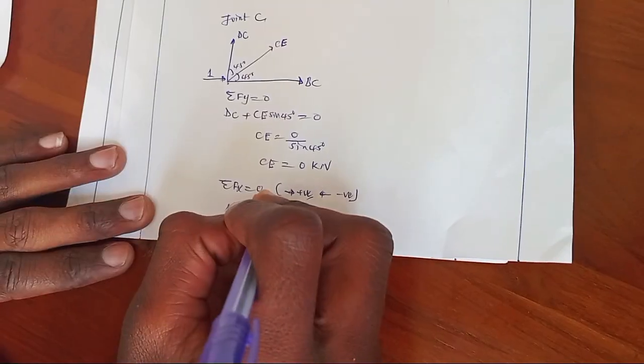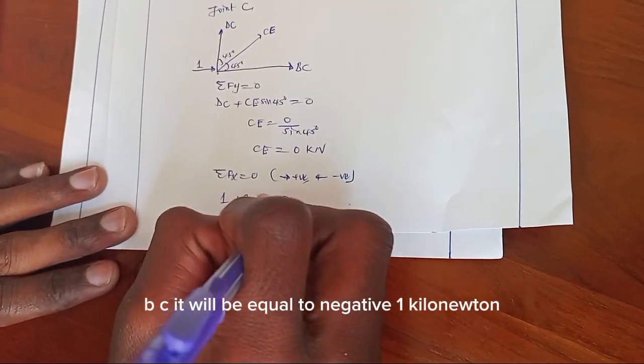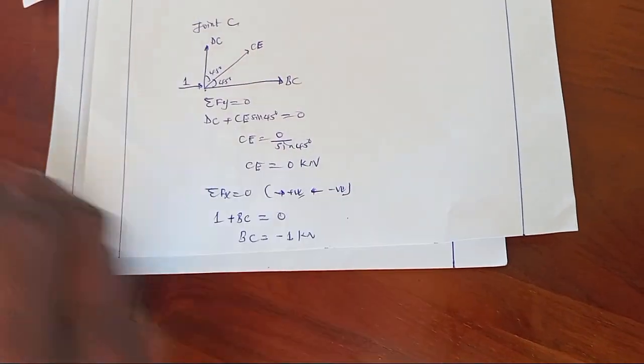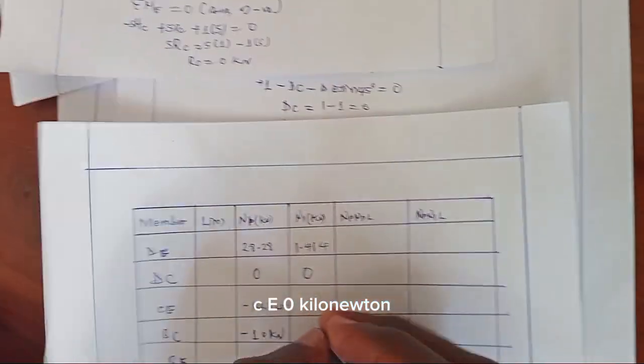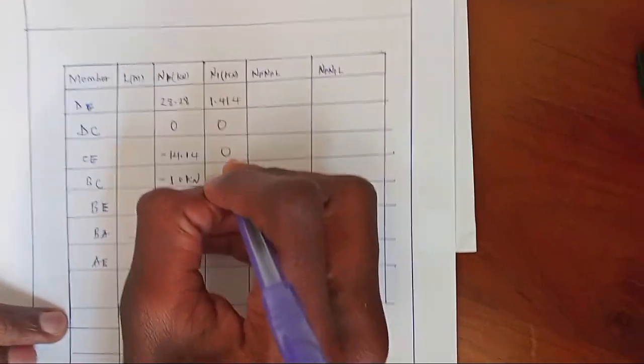CE is equal to 0, so BC will be equal to negative 1 kilonewton. Now let's record it to our table. CE 0 kilonewton, BC negative 1 kilonewton.